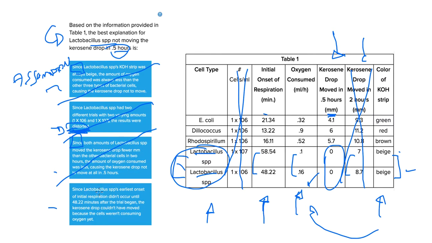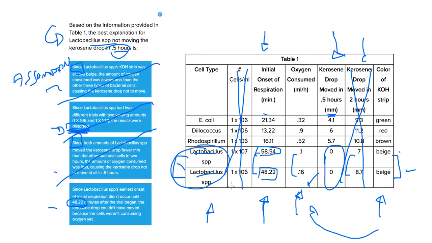Let's see. Since Lactobacillus spp's earliest onset of initial respiration didn't occur until 48.22 minutes after the trial began, wait a second. This is more than half an hour. So before half an hour, there was absolutely no respiration going on.